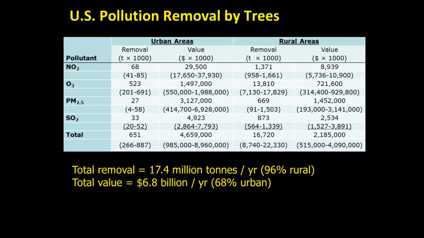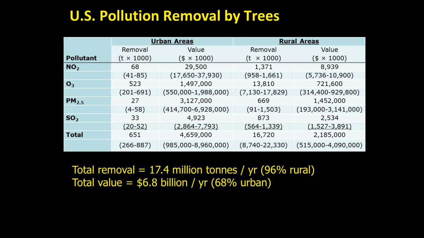We studied pollution removal by trees in the United States. Urban areas in the United States occupy about 3.1% of our land base, and we average about 35% canopy cover nationally. What that means is about 1% of our lower 48 states is actually occupied by urban tree canopies. That's what this table is showing: across the United States, for all trees, we have about 35% canopy cover.